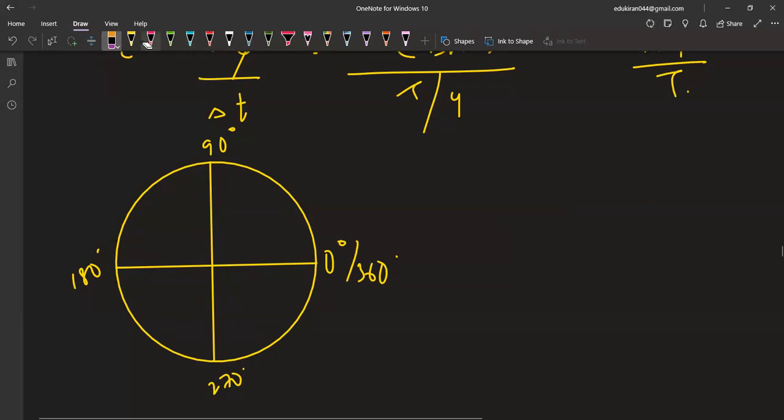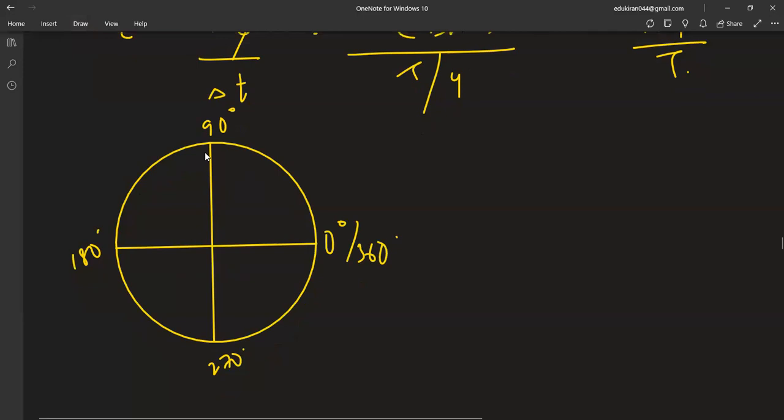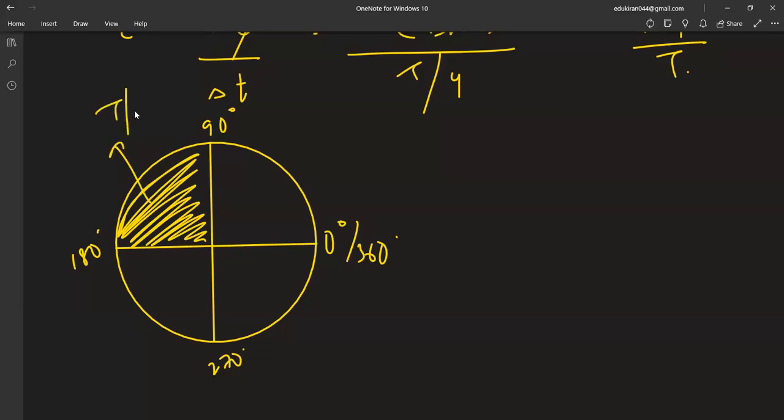But now in this part, it is saying 90 degree to 180 degree, that is this portion of time. So again, the time period is t by 4 itself. This is the second part. What is the initial? It would be BA cos 90 degree, that is 0.